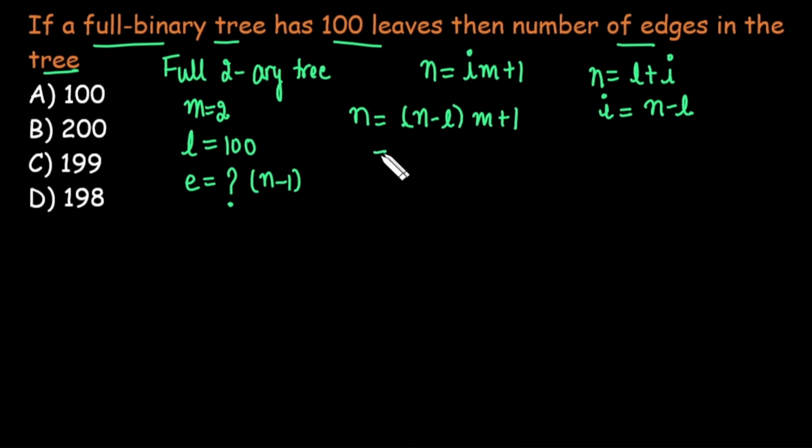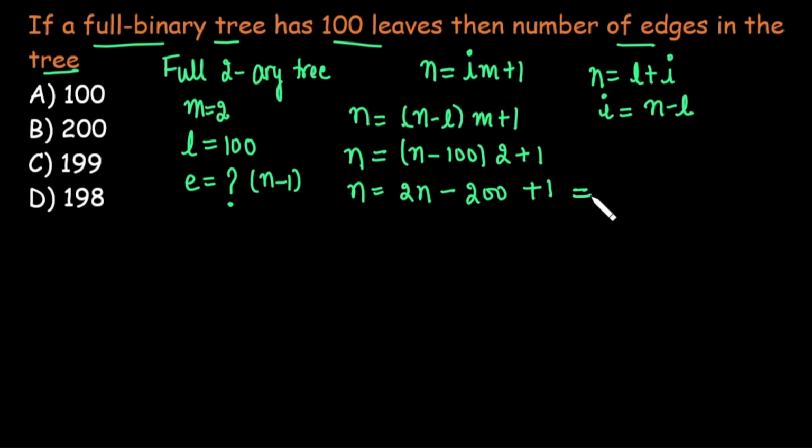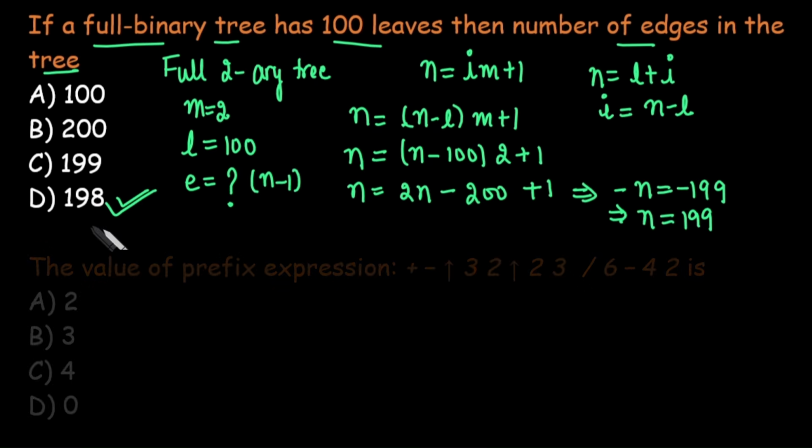Now plug the values. This is (n minus 100) into 2 plus 1. Simplify this. This is n is equal to 2 times n minus 200 plus 1. That is equal to minus n is equal to minus 199. Simplify this. n is equal to 199 and hence the number of edges is equal to 198.